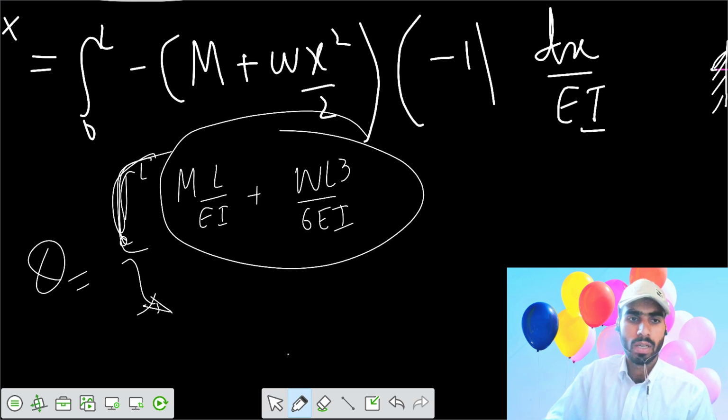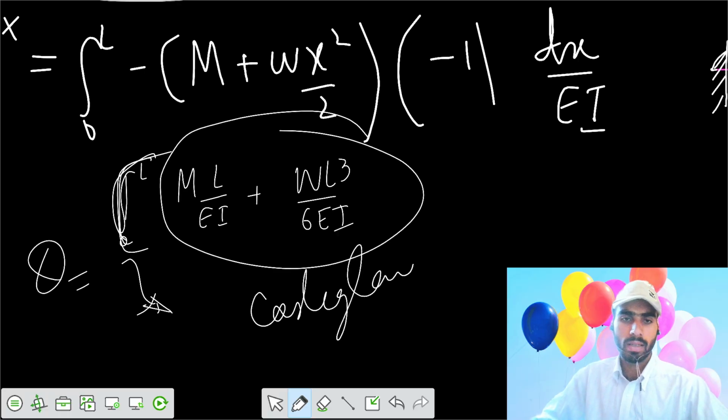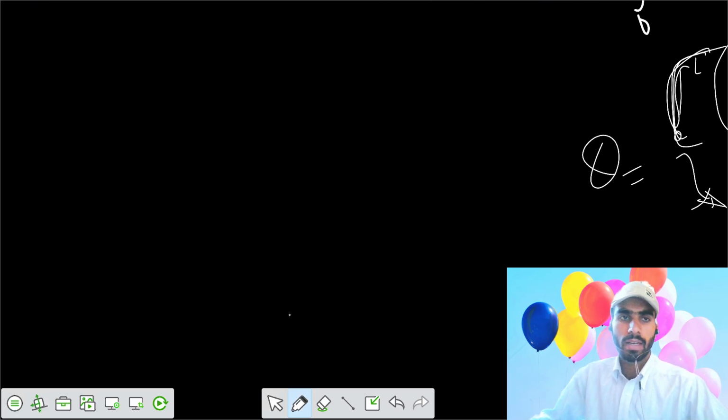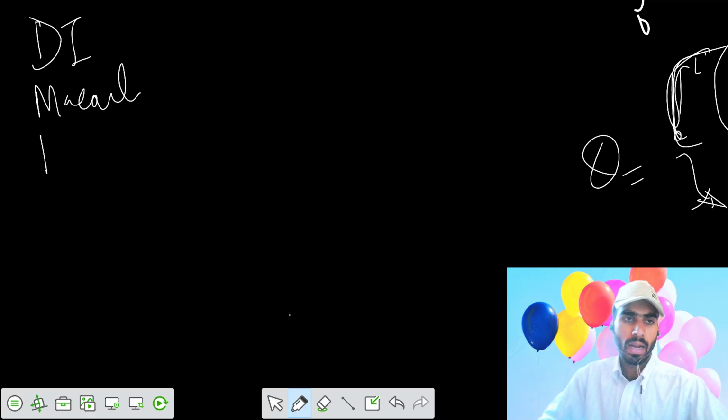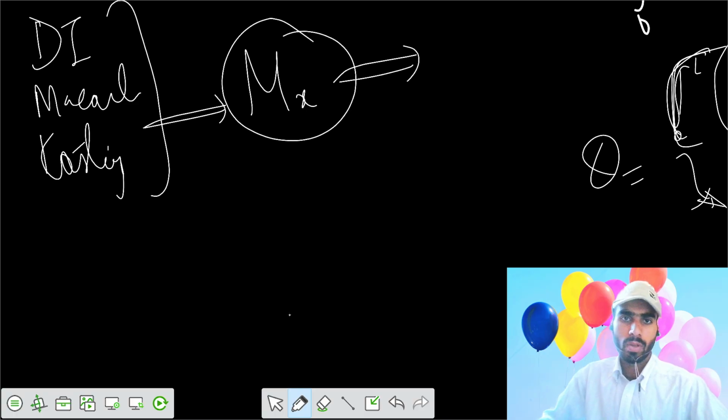So this is the end of our class, where we solved Castigliano's method, Castigliano's theorem. These methods are based on the fact that you have double integration, you have Macaulay, and you have Castigliano's theorem.